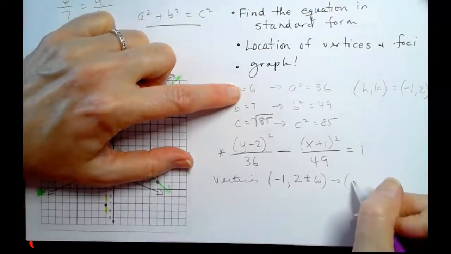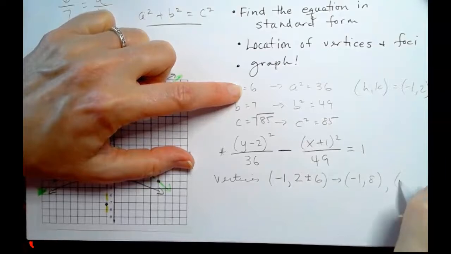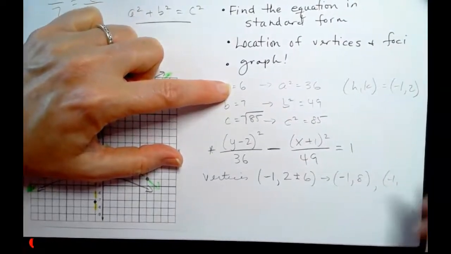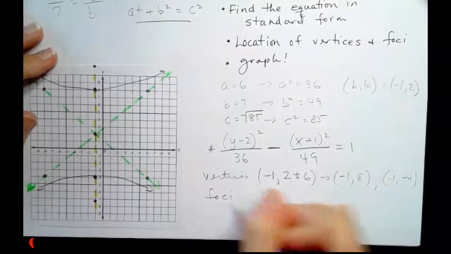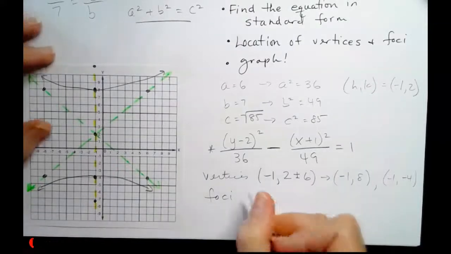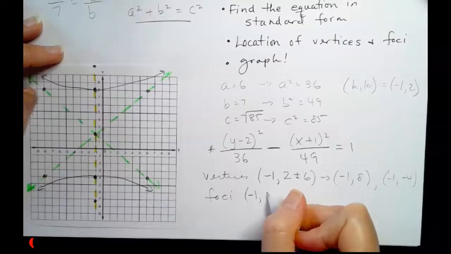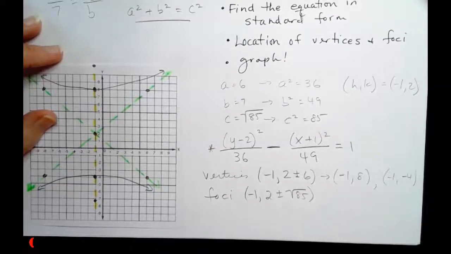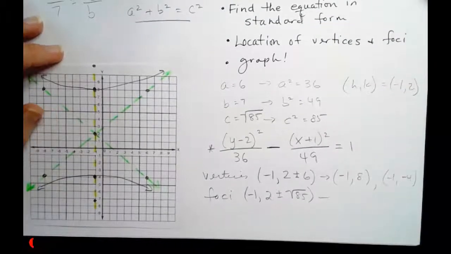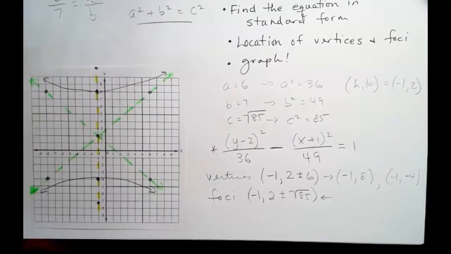So that means our vertices are -1, 8 and -1, -4. And our foci, same thing. The -1 is not going to change. So -1, and then 2 plus or minus square root 85. And we can just leave it like that because the square root of 85 is not going to simplify, since it doesn't have any perfect square factors.